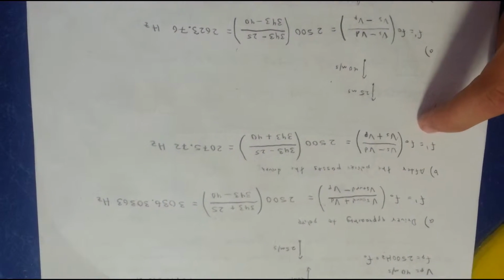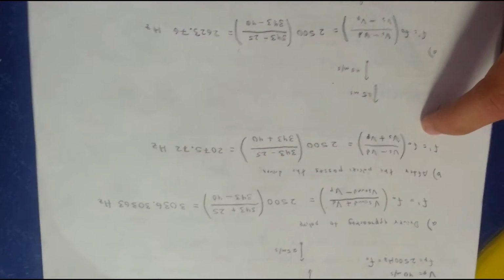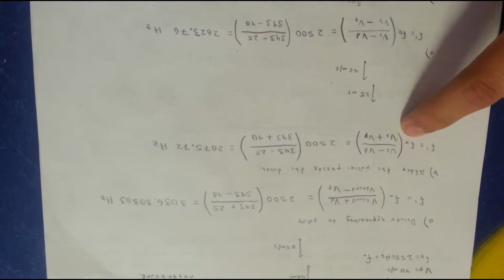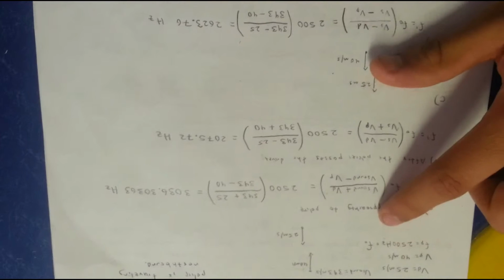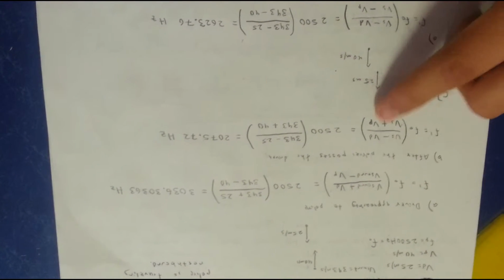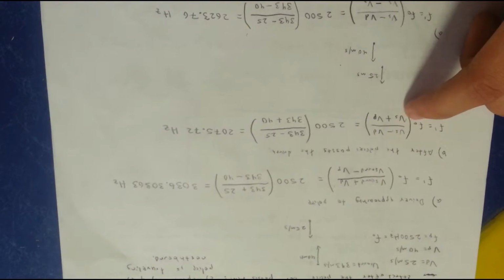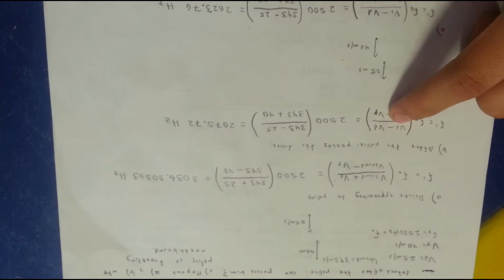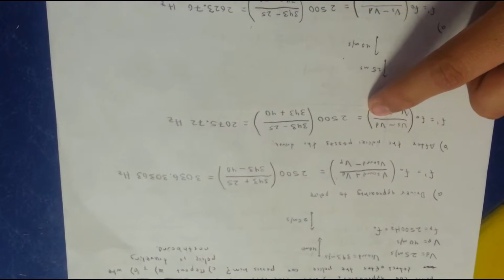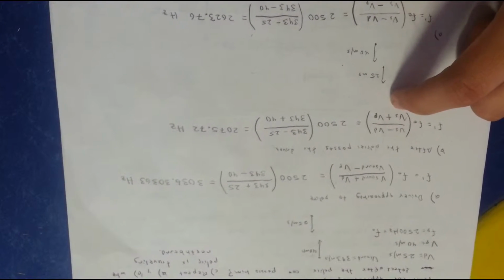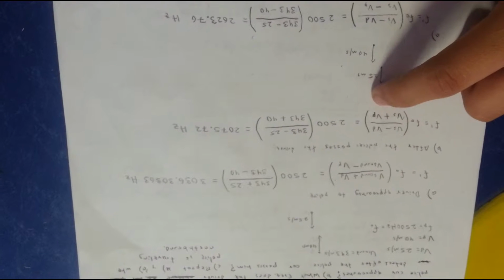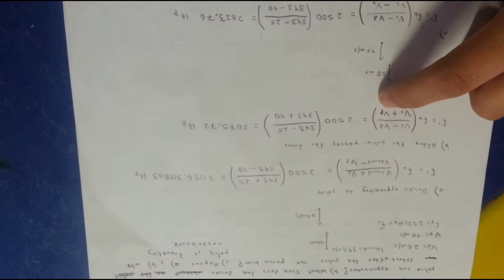Then for case B, after the police passes the driver, here we have the formula. The frequency the driver is going to hear is the frequency f0, that is the police frequency, times the speed of sound less the speed of the driver because it's getting away from the police, between the speed of sound plus the speed of the police that is getting away from the driver.